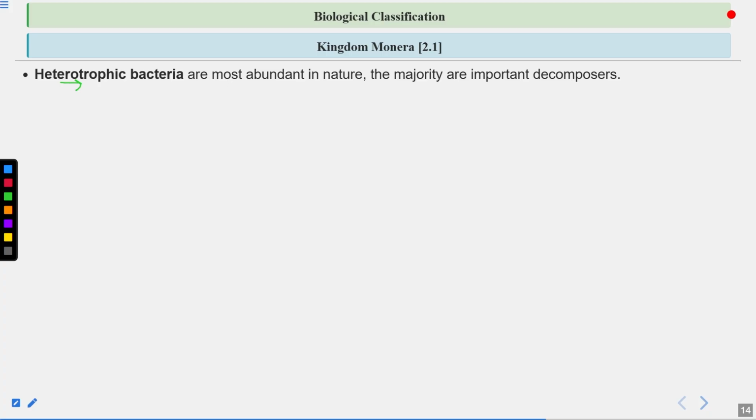Within heterotrophs, there are two categories: one is parasitic, another one is saprophytic. Heterotrophic bacteria are most abundant in nature, and the majority are important decomposers. They decompose the organic matter.